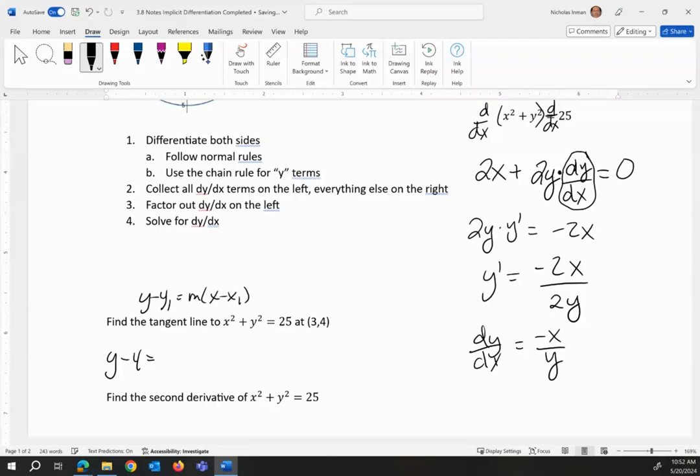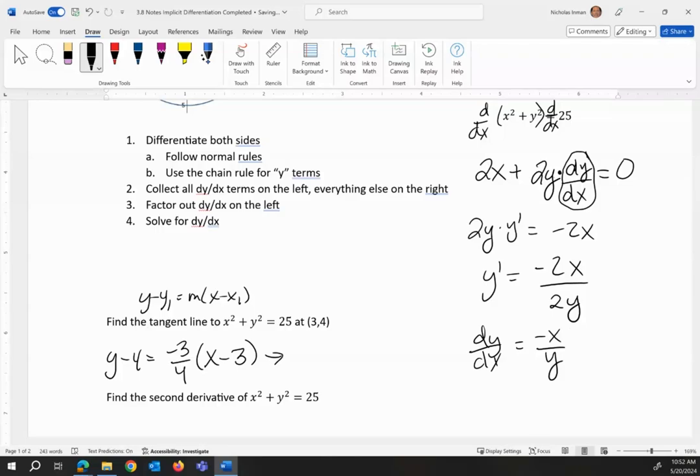It's been a while since we did a tangent line, so we have that formula. The m, that's our slope. So our slope will come from our derivative: the x value, negative 3, over the y value, 4, times x minus the x value, 3. So we can rearrange, we can move the minus 4 to the other side.